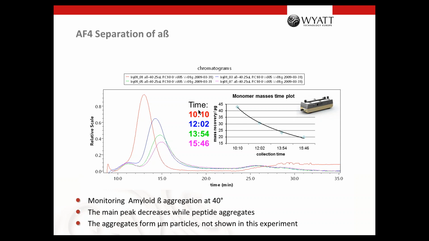Of course, there can be slight shifts in retention time when the temperature changes. But normally in FFF, when you have a constant temperature, you always have the same retention time. If you do not have the same retention time, the reason can be that the membrane changes over time, maybe due to aggregates which precipitate on the membrane, and then the charge of the membrane changes.